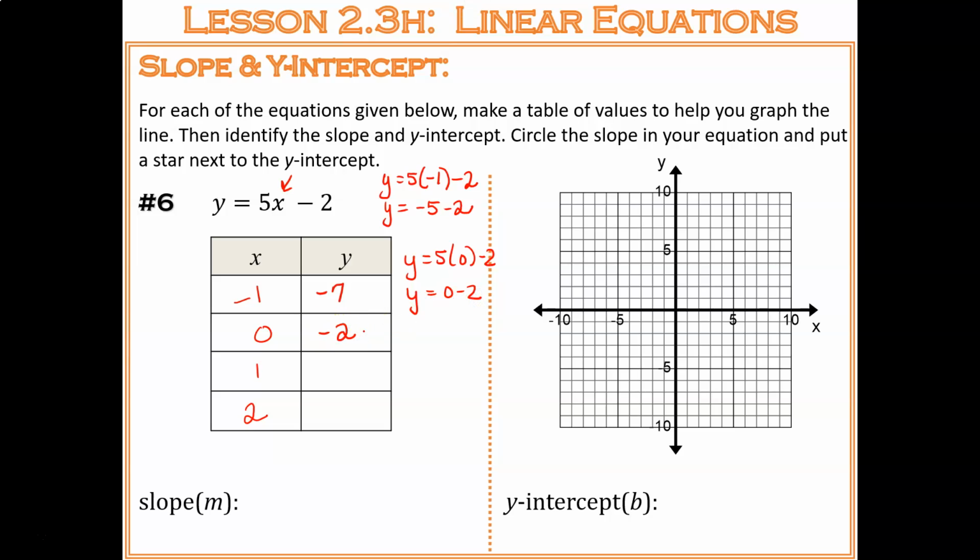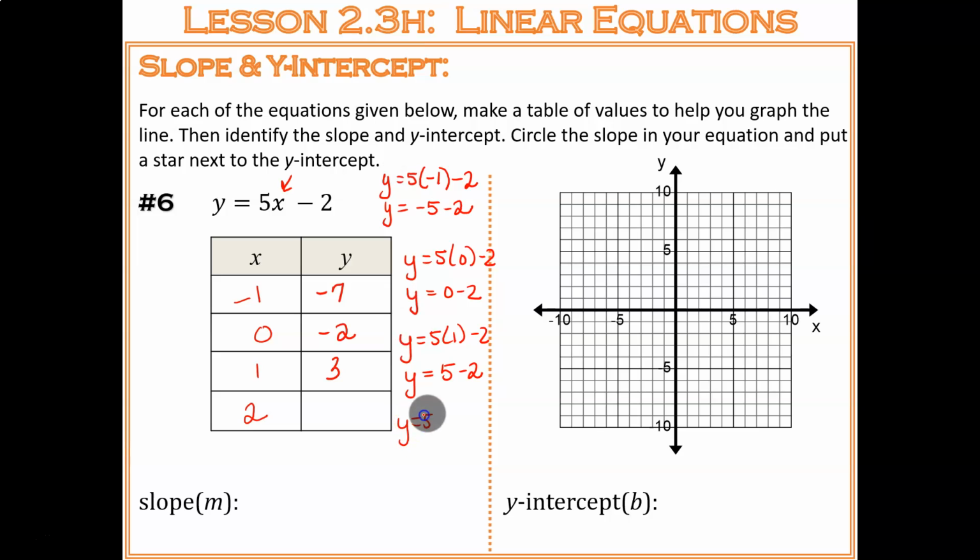Eventually, you'll see the pattern. Let's try one more. Y equals 5 times, and instead of the x, I'm going to put in the 1. So I have y equals 5 minus 2, which is 3.